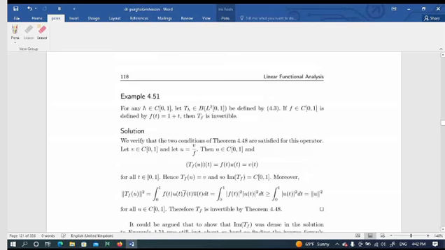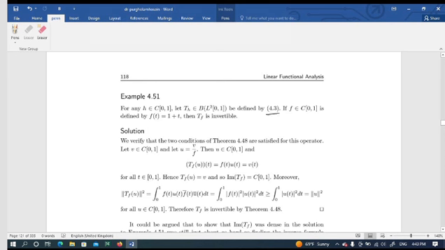Example: for any f in C[0,1], the continuous functions from 0 to 1 into C, let h be a member of B(L^2[0,1]) defined by the formula 4.3.